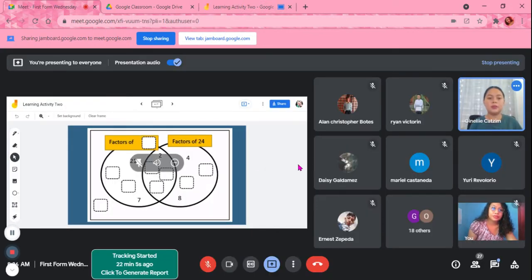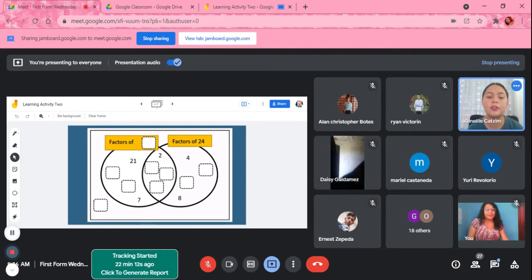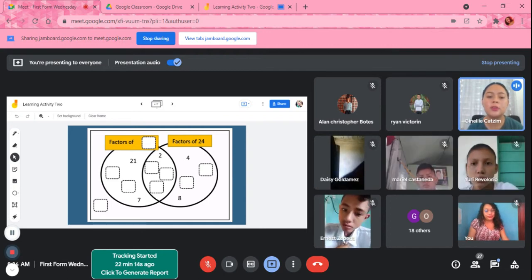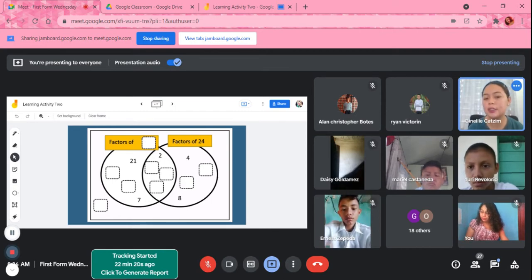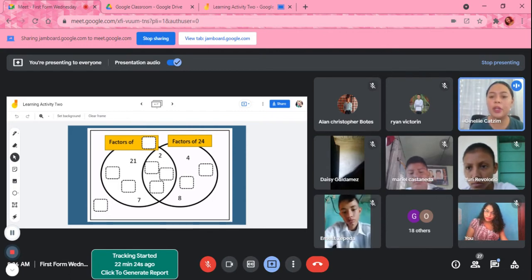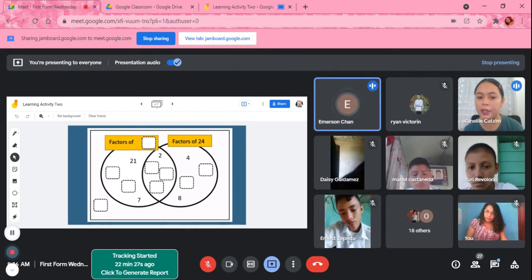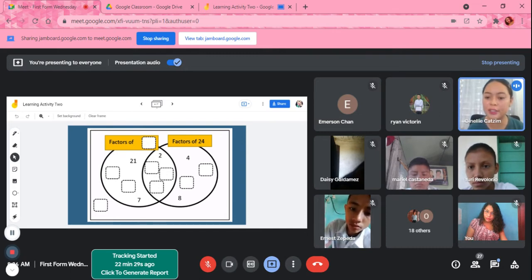Okay. So we have the factors of 42 and the factors of 24. We need to take a good look at it. We can start by finding the factors of 24, right?